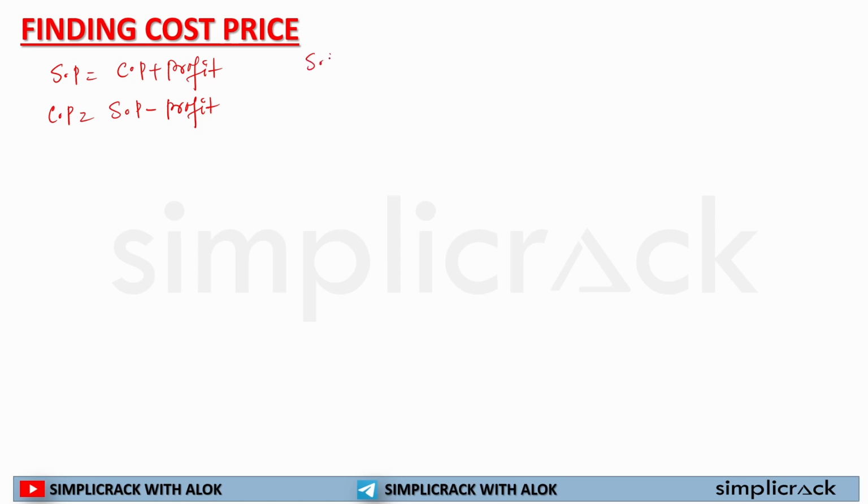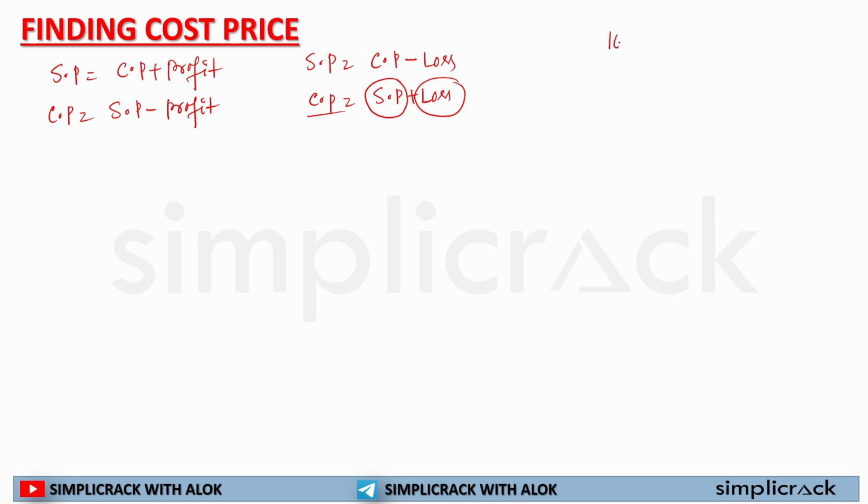When I was saying sales price is equal to cost price minus loss, I can write cost price is equal to sales price plus loss. If I add sales price with the loss amount I am making, I will get my cost price.